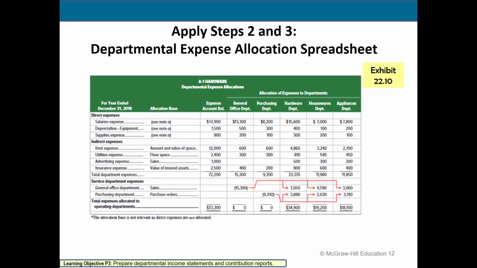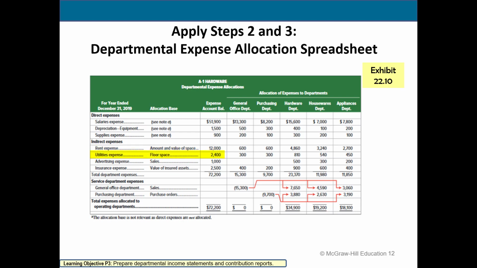In the second step, we are going to allocate indirect costs. We show this with the departmental expense allocation spreadsheet that you can see. After selecting the allocation basis, we will allocate the indirect expenses to both operating and service departments. Rent expense is allocated based on the amount and value of the space.